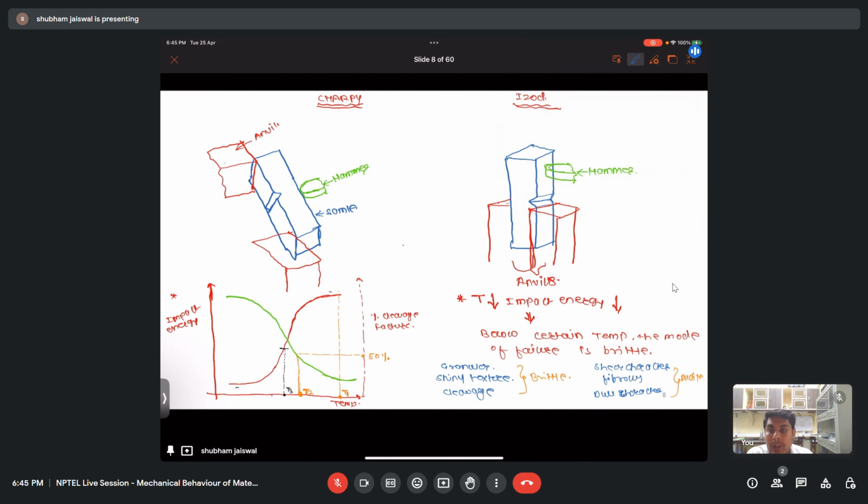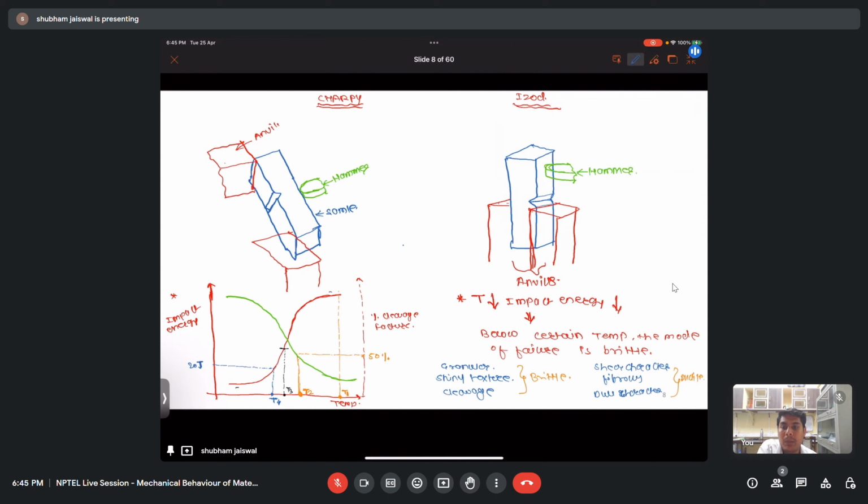Now if I draw a temperature corresponding to 20 joule of impact energy, let's say this is T4, the temperature corresponding to 20 joule of impact energy. This temperature is known as DTT, that is ductile transition temperature, and it is found at 20 joule impact energy.